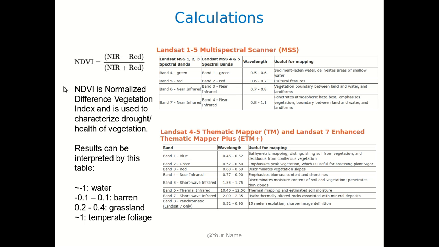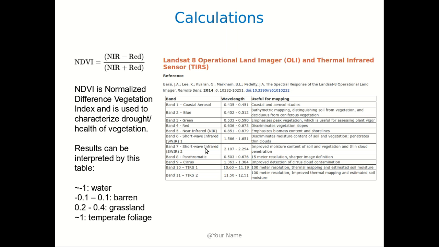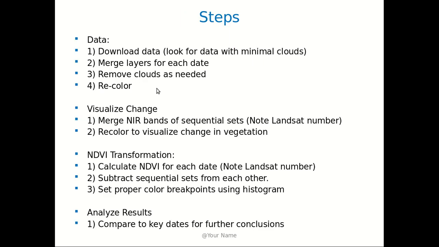So when I calculate my NDVI data, which uses near infrared and red bands, I will be taking different band numbers depending on if I'm on Landsat 1 through 3, 4 through 5, or 8. And that's just important to consider when looking through data.